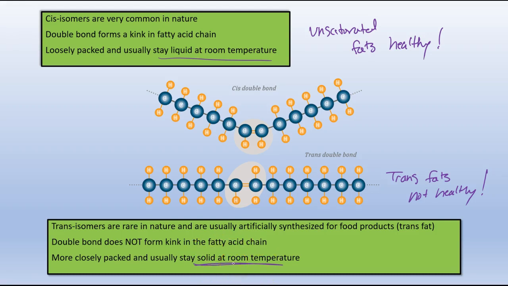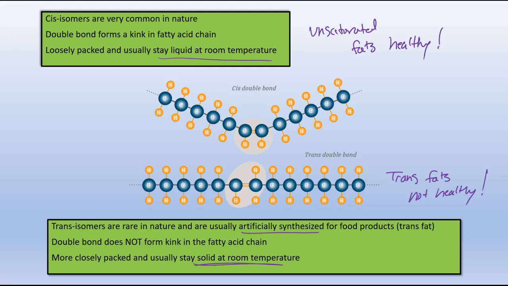The trans fats are bad because they will often solidify at your body temperature, which means they can lead to plaque formation in vessel walls and artery walls. These are typically artificially synthesized, in a production called hydrogenation.